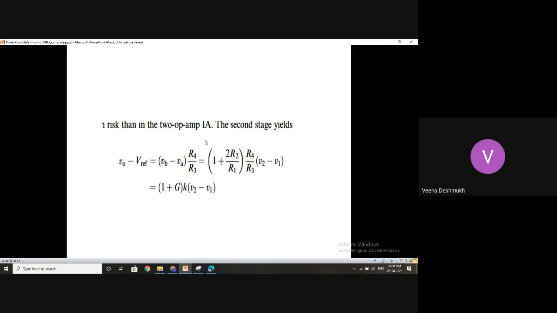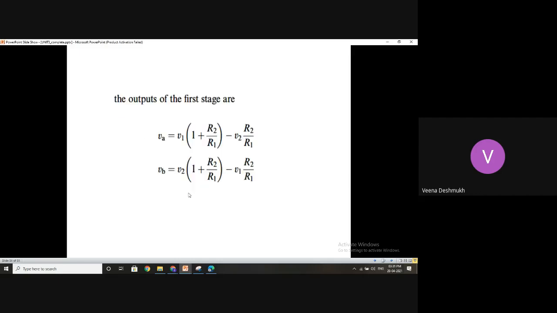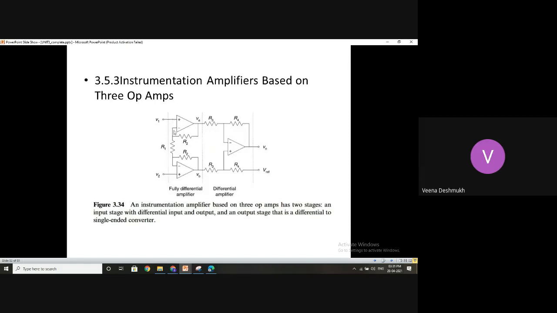So this is the advantage of instrumentation amplifiers. With the help of 3 op amps and 2 stages of differential amplifiers, we successfully get difference amplification with high gain. Because of this configuration, the input and output impedances are matched.